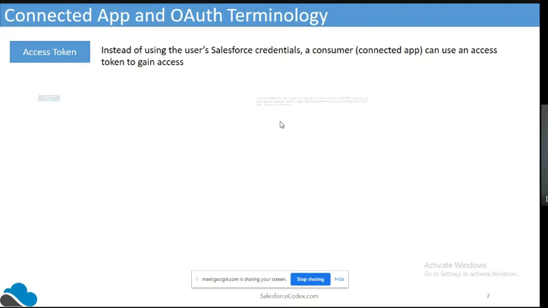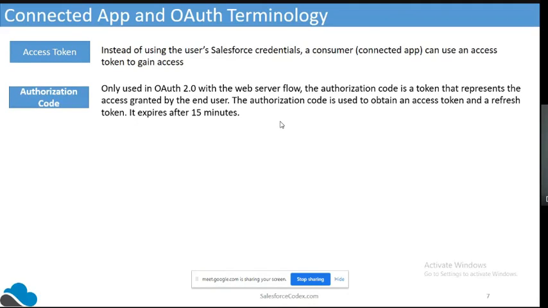Second is the authorization code. The authorization code is basically used when we use the web server flow. Let's take an example: you want to create an integration application with Google Fitbit. You want every consumer to first provide their consent, saying that I want to give my Fitbit details, my fitness details, to my company or the insurance company from which I have taken the insurance.